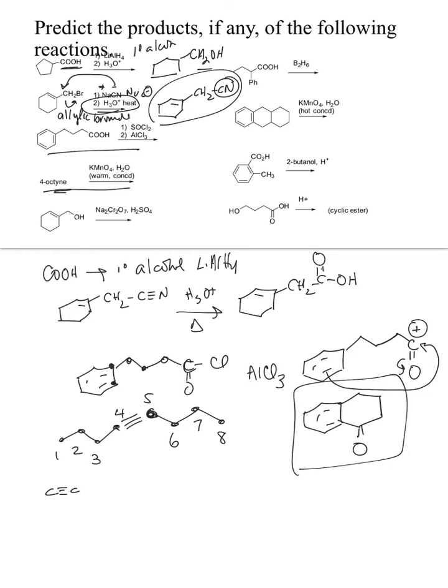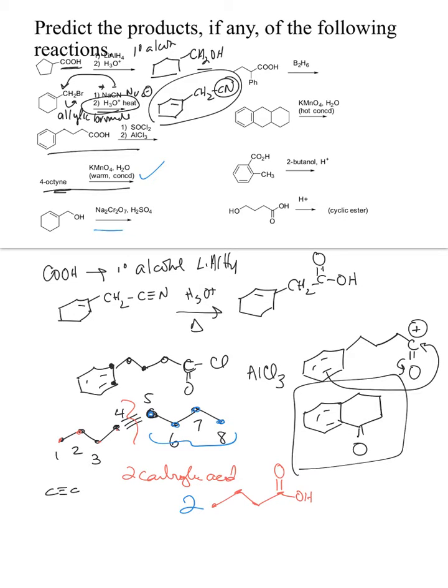Now you're adding potassium permanganate and water, concentrated. So this is going to cleave the alkyne into 2 carboxylic acids. This is chapter 9. So 1, 2, 3, 4, you just draw a 4-carbon carboxylic acid. And then you've got 1, 2, 3, 4 again. So they're just going to make 2 of those.